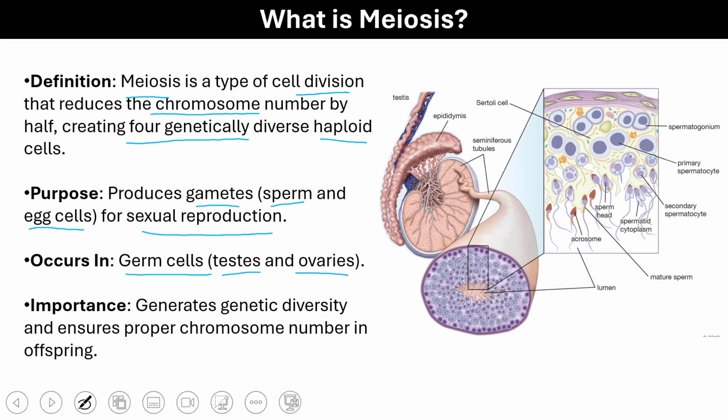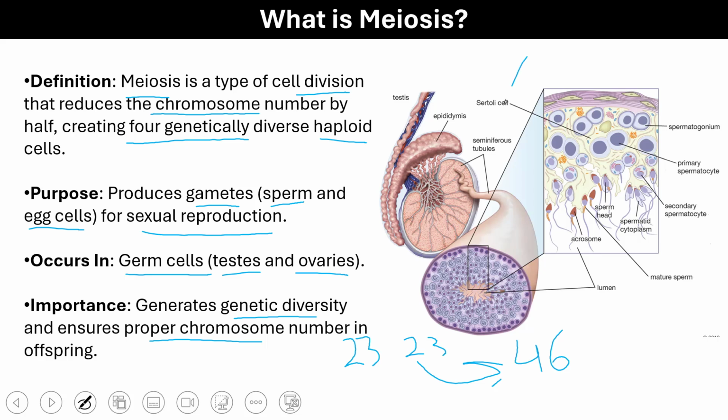Formation of gametes generates cells which have genetic diversity, and they assure that after the fusion of male and female gamete, there is a consistent number of chromosomes in the offsprings. That means if 23 chromosomes come from father and 23 chromosomes come from mother, the offspring will have 46 chromosomes.